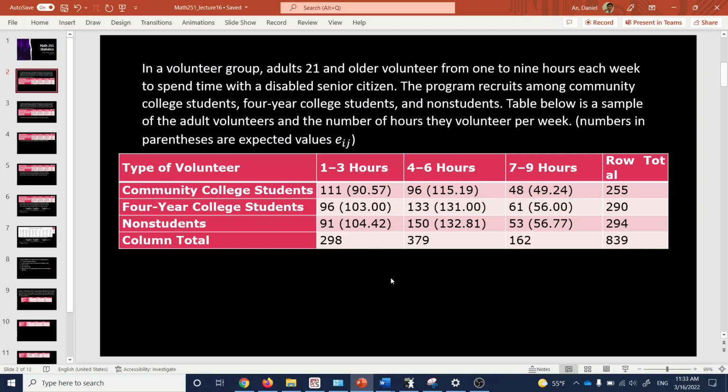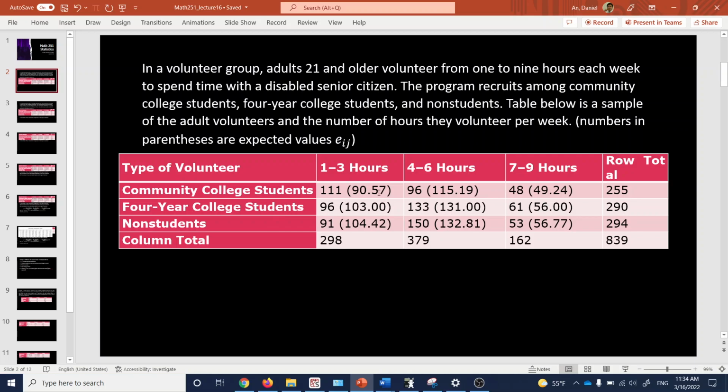And the chi-square test uses the difference between the observed value and the expected value. From this, it calculates a test statistic and uses that to determine if there is any relationship between the columns and the rows.